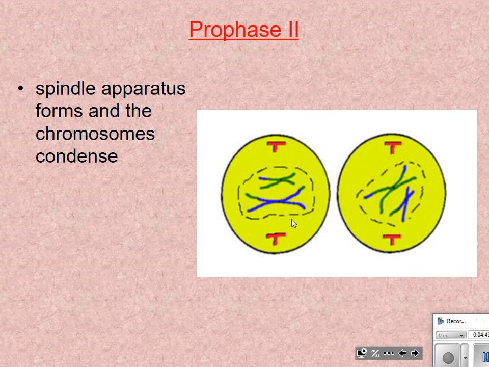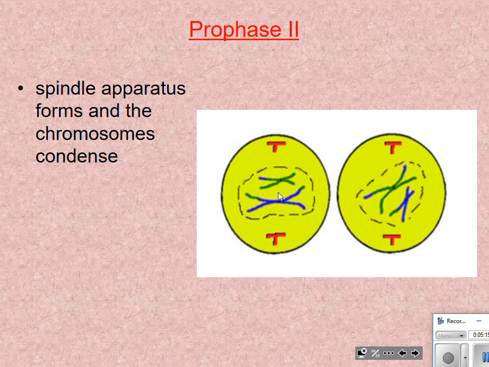I see people shaking their heads. Look right here. Those have crossed over, haven't they? Oh, this is after they've crossed over? Okay. So crossing over did occur, but when did it occur? In prophase 1. So even though these chromosomes have already crossed over, they didn't do it in prophase 2. Crossing over only occurs in prophase number 1.